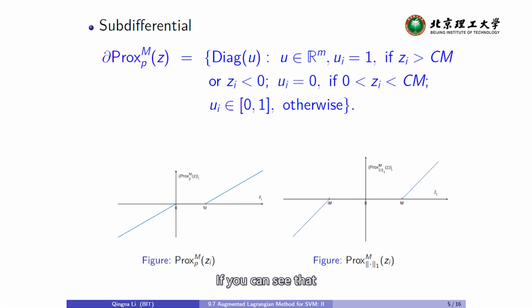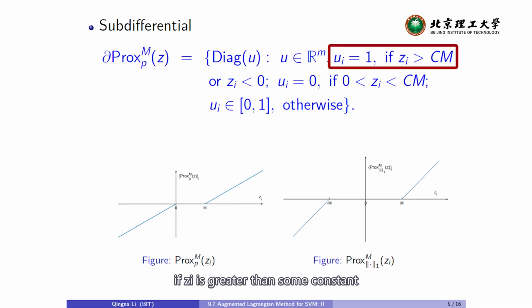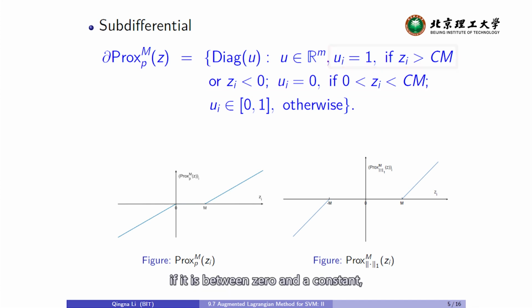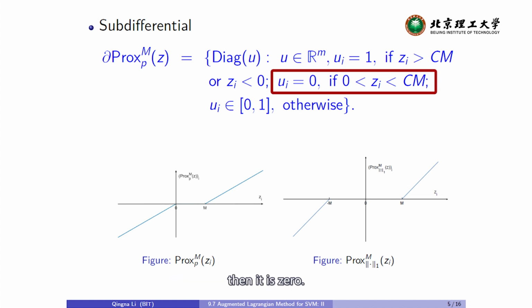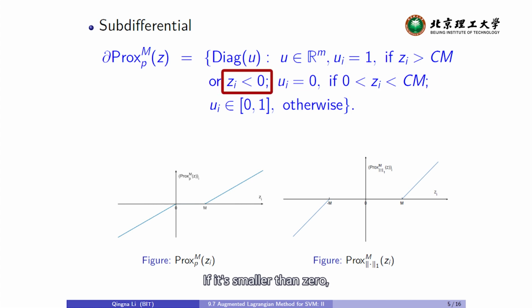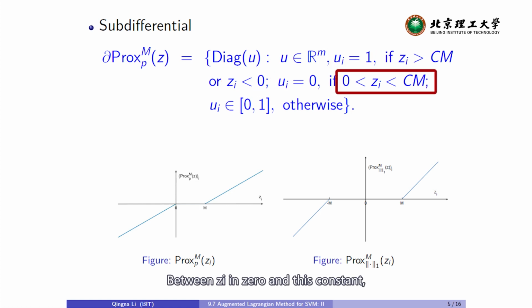If z_i is greater than some constant, then it is 1. If it is between 0 and the constant, then it is 0. And if it is smaller than 0, it is still 1. All right? So between 0 and this constant, it is 0.